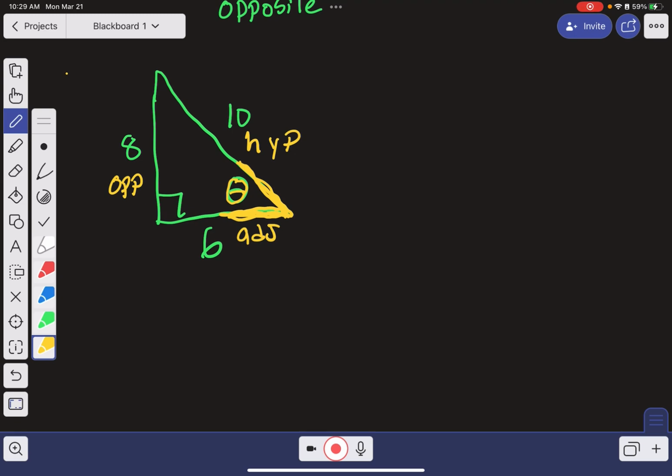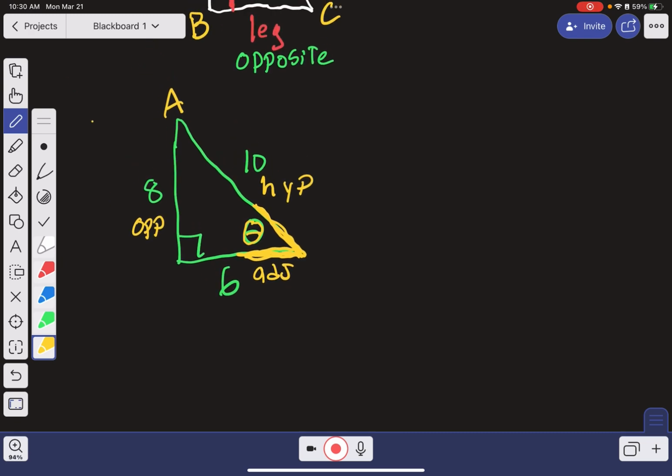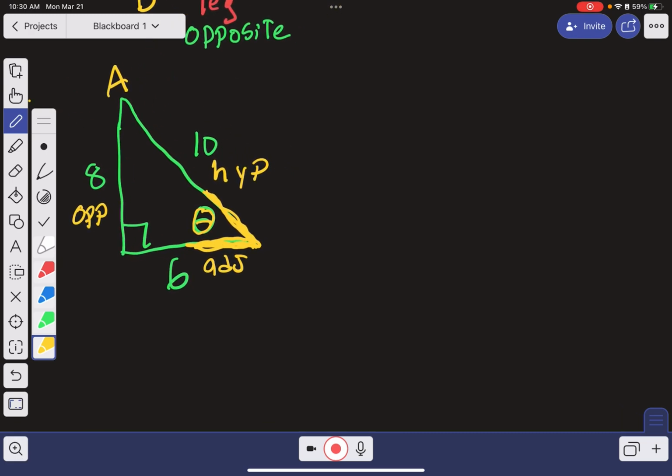So the first thing you've got to be able to do with any trig ratio is identify these three things. Hypotenuse: the longest side, across from the 90. Adjacent: the side that makes up your given acute angle with the hypotenuse. Opposite: across from the theta. Now keep in mind that with any given triangle, if I said instead, find the opposite, adjacent, and hypotenuse for A, it can change.